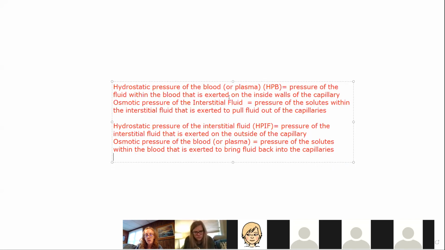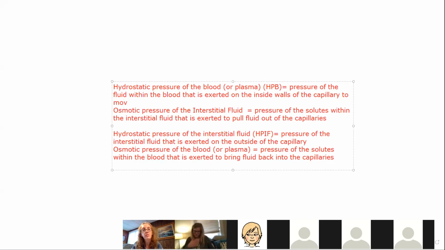So this is the pressure exerted on the inside capillary walls to move fluid out of the capillaries. Sorry, I think of better ways to say it as I type it.